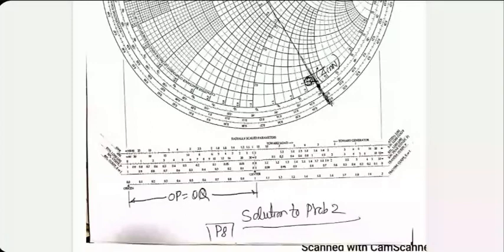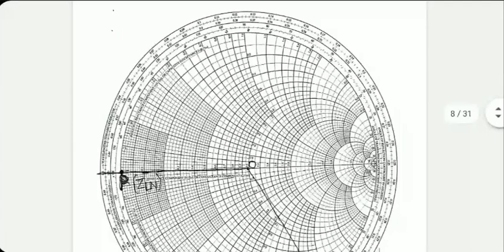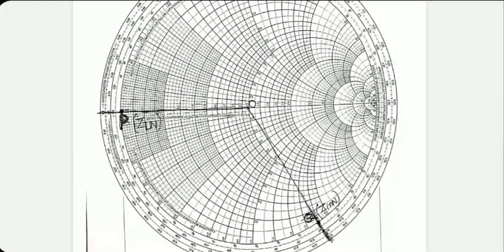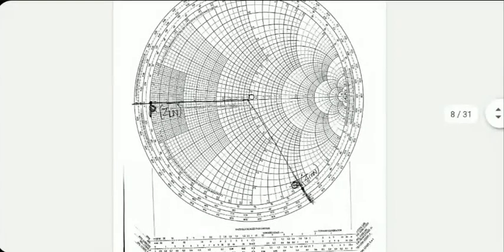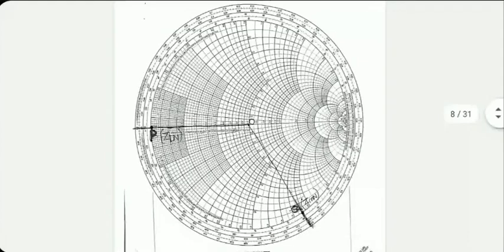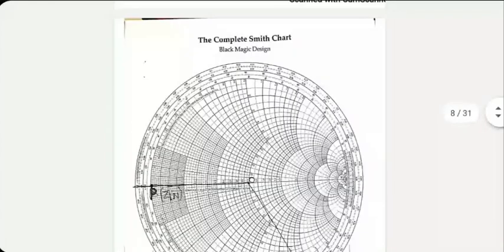Now you move. I think this is not right. Oh yeah, it is right. 0.33 lambda, yes. I have to move from point P in the clockwise direction by 0.33 lambda. So if I move by 0.25, I get to the rightmost point.